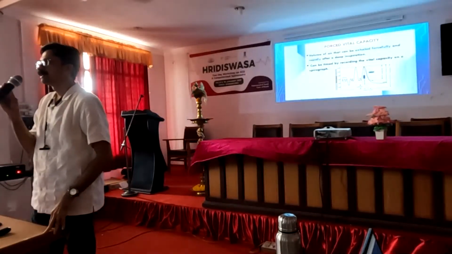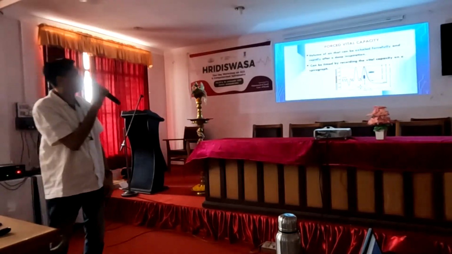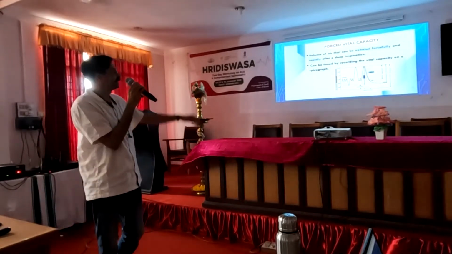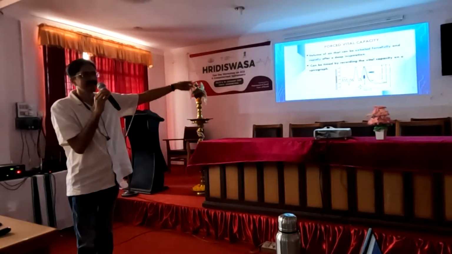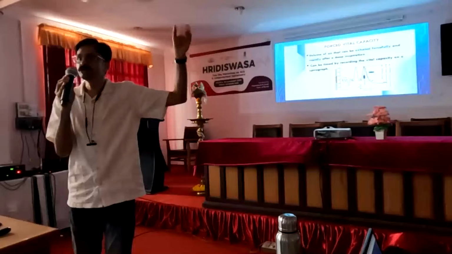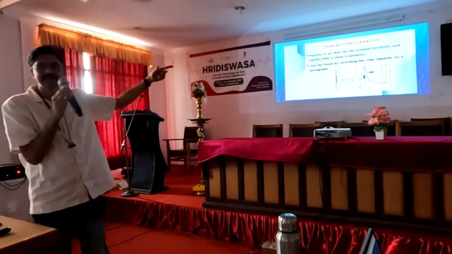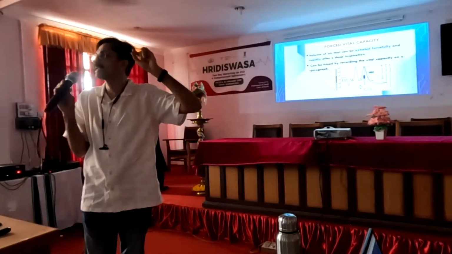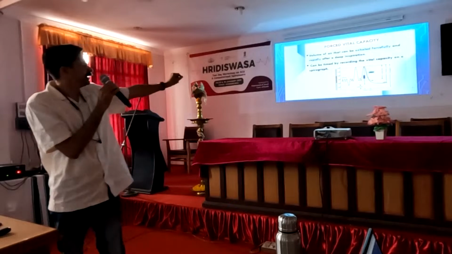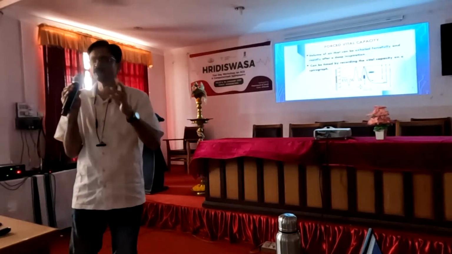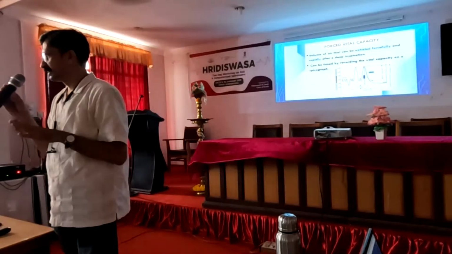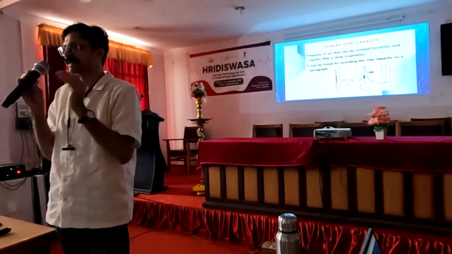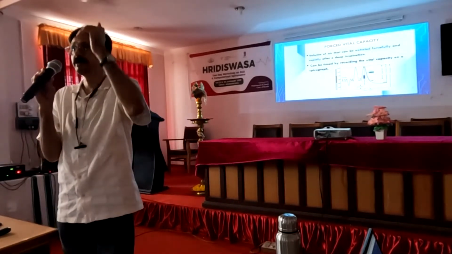First comes the forced vital capacity. Here we can see the volume of air that can be exhaled forcefully and rapidly. The words are important: forcefully and rapidly after a deep inspiration. It is almost the same as the vital capacity. Vital capacity is the maximum volume of expelled air after a deep inspiration.